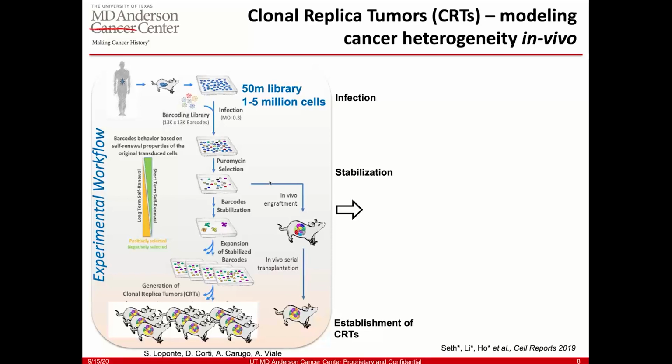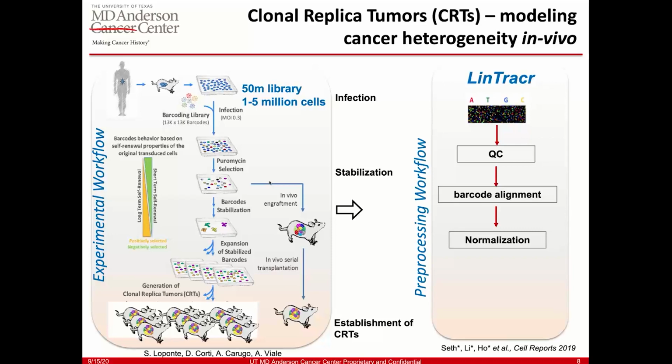In parallel, after puromycin selection, instead of stabilizing them in vitro, we also attempted to stabilize them in vivo. That is, transplant the tumor cells into mice and then subsequently passage them in mice. Then we created a processing workflow in terms of the computational methods to QC them, align them, and then perform appropriate normalization, etc.